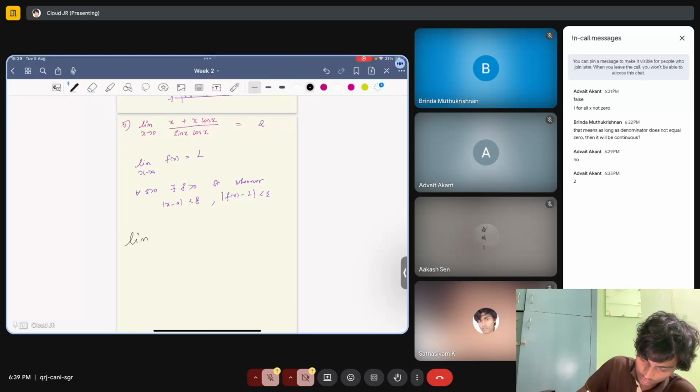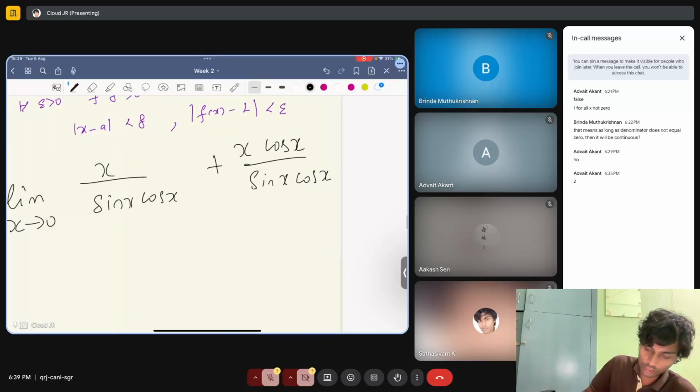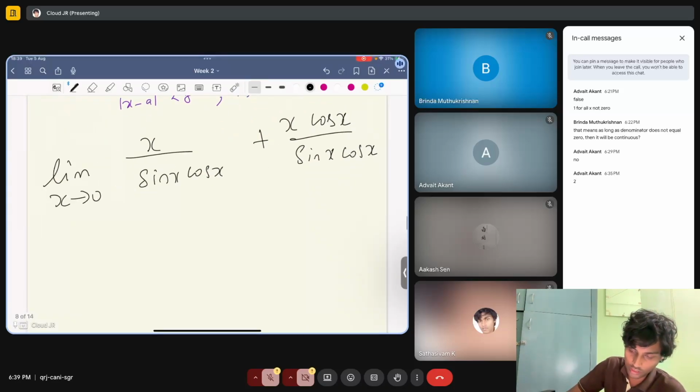So this is the limit as x goes to 0 of x by sin x cos x plus x cos x by sin x cos x. Okay, so I can split the limit like this.